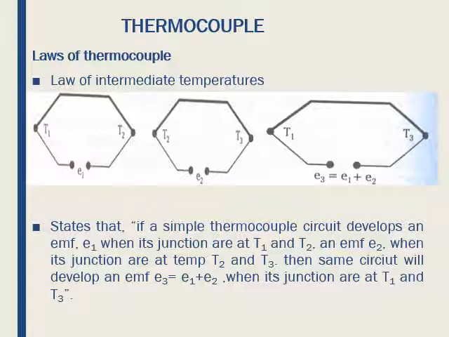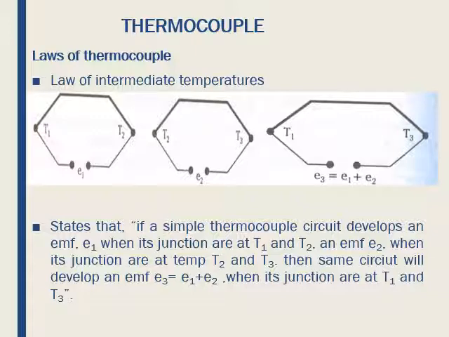In other words, the sum of the EMF developed by a thermocouple with its junctions at temperatures T1 and T2 and with its junctions at T2 and T3 will be the same as the EMF developed if the thermocouple junctions are at temperatures T1 and T3. This law is useful in practice because it helps in giving the suitable correction in case a reference junction temperature other than 0 degree Celsius is employed.